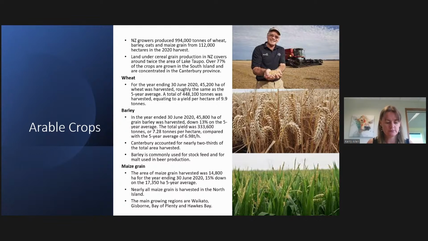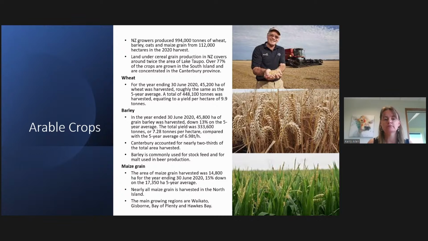So we use them for bread, flour making, and for beer production, etc. And maize grain is used predominantly for animal feed, or some of it goes into flour, but mostly for us, it is animal feed or growing seed to be sold for animal feed.